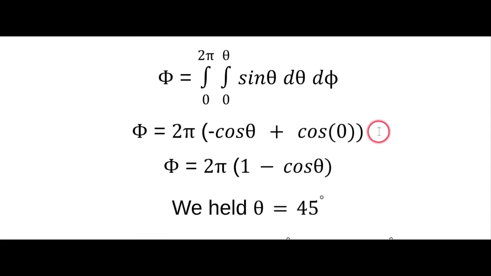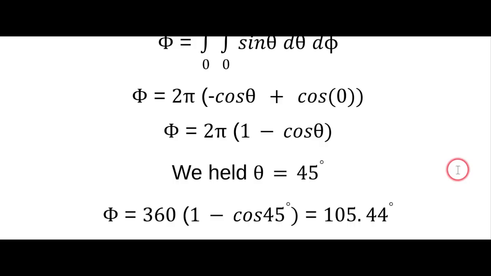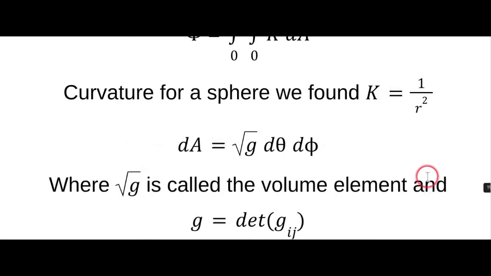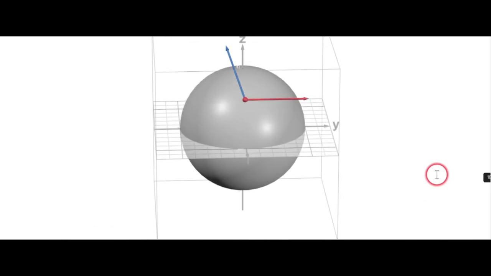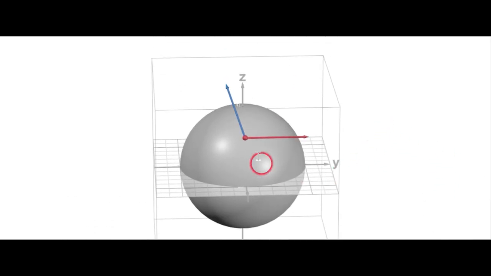So here's theta. We plug that in, and we get 105.44. Okay, so the Gauss-Bonnet theorem is telling me that when I tried to parallel transport that vector around this circle, which is not a geodesic, the difference between these two vectors here is 105 degrees.